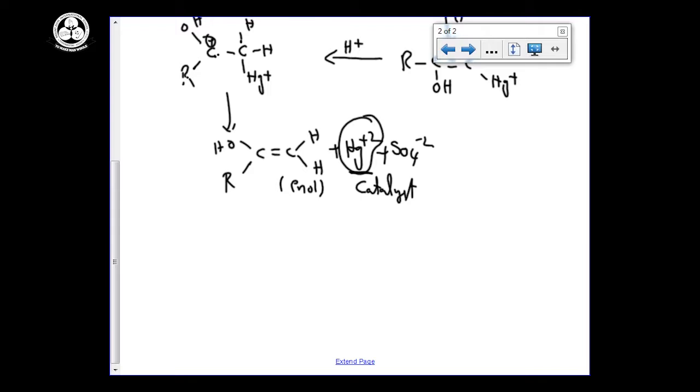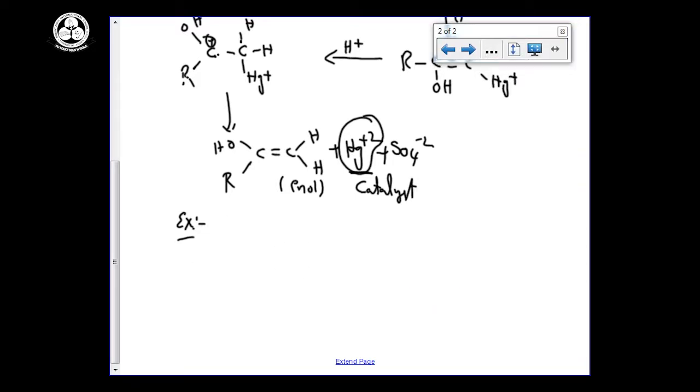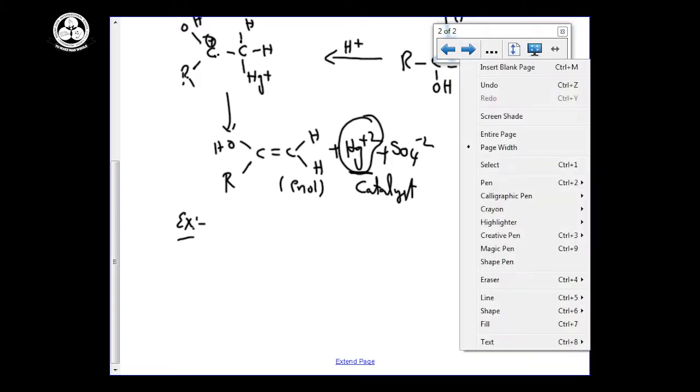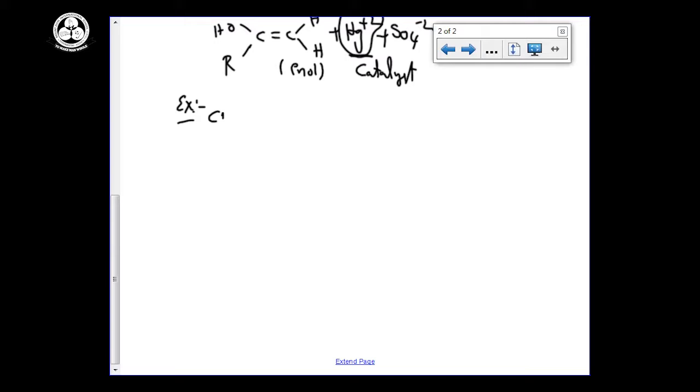Okay. See a normal example. CH3, C triple bond, CH.